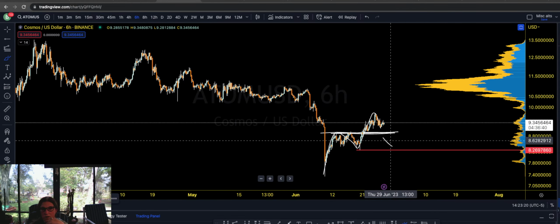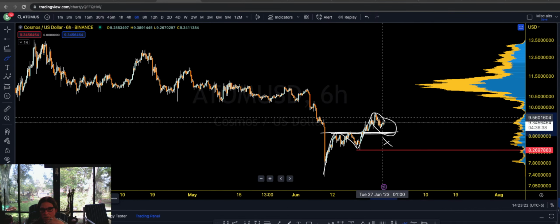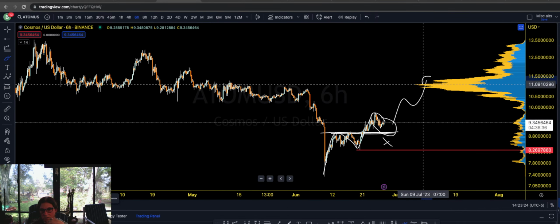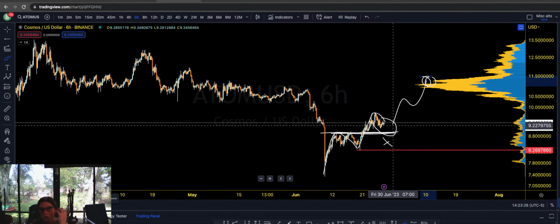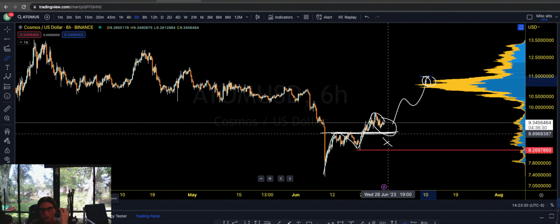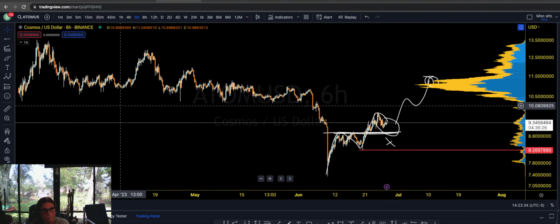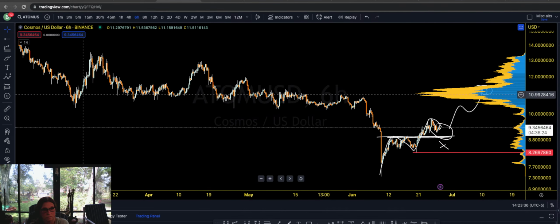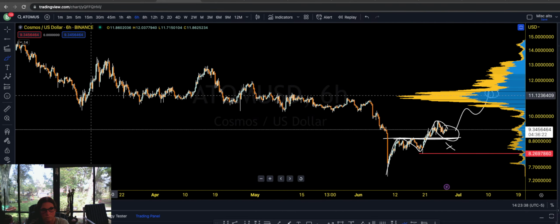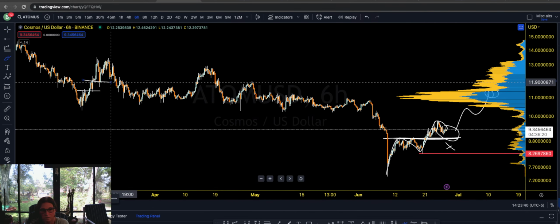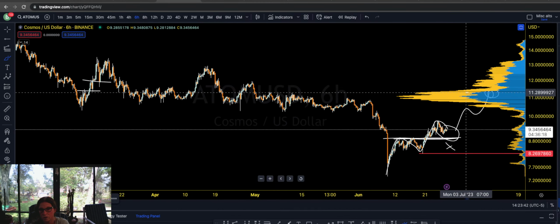Or this is an X wave trying to make a connector and it's not going to get past here. So if it holds and then you get price action that looks like this, overlapping stuff, then you know that it's going to bonk its head.